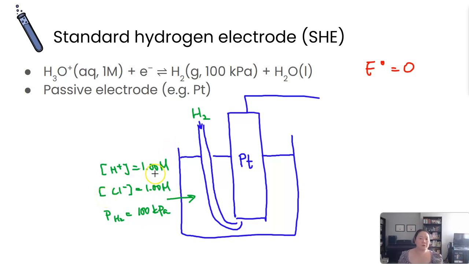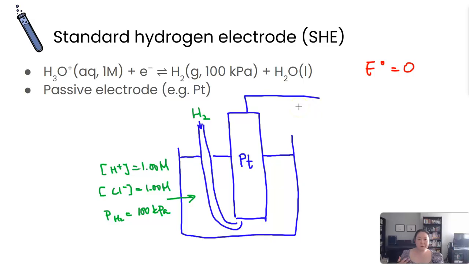We could use hydrochloric acid in this particular case, in which case your chloride ions would have a concentration of 1 molar too. Now in terms of the gas bit, you're literally going to have a tube that runs into everything and will keep on blowing hydrogen along the surface of that platinum. This hydrogen is going to be at a pressure of 100 kilopascals.